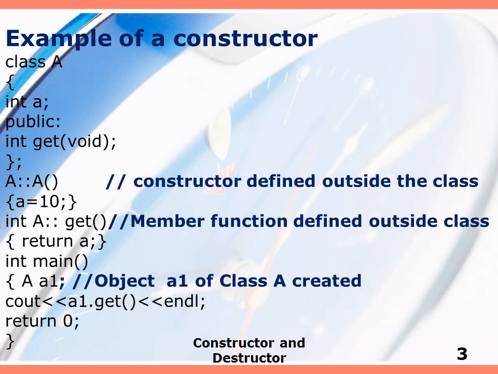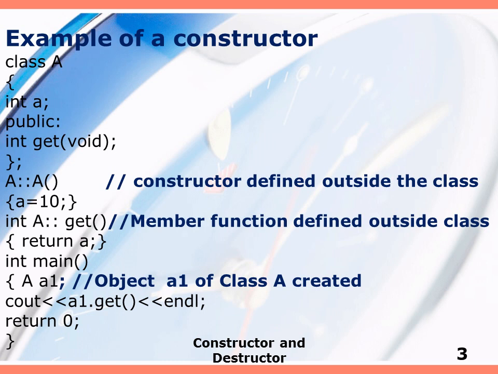As we said in the definition, that constructor is used to initialize the data members of the class. Within the constructor, in this example, the data member small a gets initialized to 10. In the get function, we return the value which was initialized earlier.